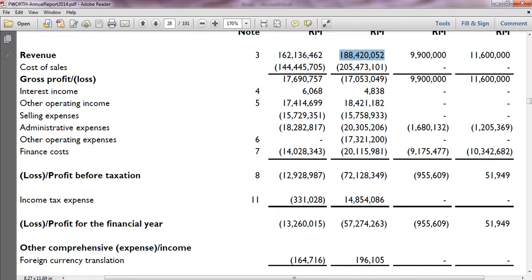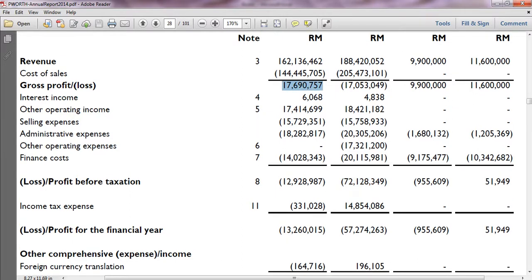The other thing I'm very concerned about is this one, the loss or profit before tax sections. As you can see, there are a lot of things that have decreased. You can see these ones, it really went from net loss to profit.